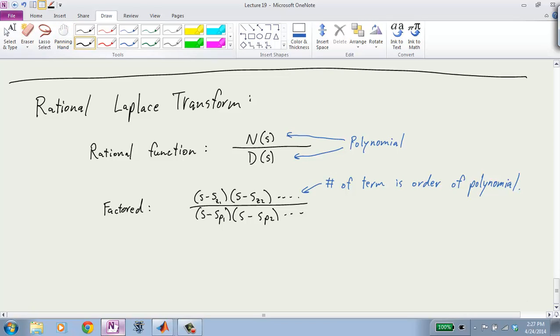I should mention, by the way, we would still call it a rational function if you had some constant c times it. Of course, that could just be part of the numerator, but I would need it down here. So you'd have a constant times this factorization.